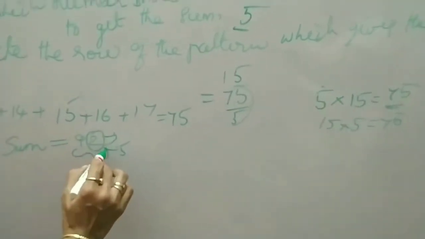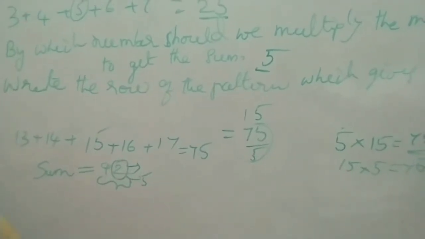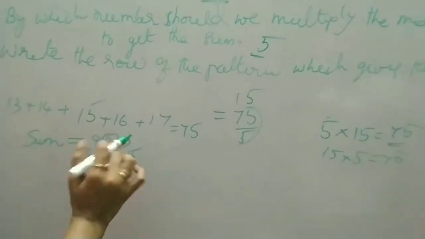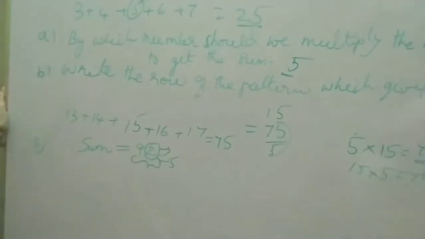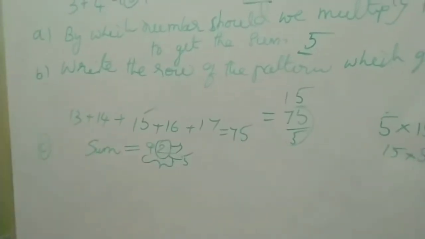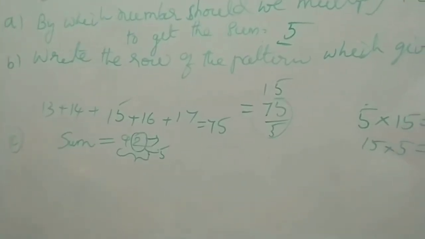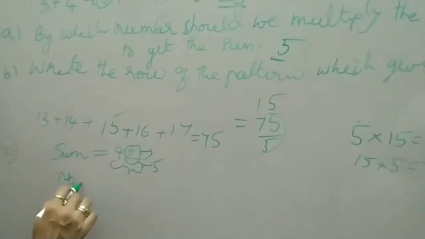This sum is not a multiple of 5, so there will be no pattern related to this sum. We can't write any pattern for this number. So the answer is no, there can't be.